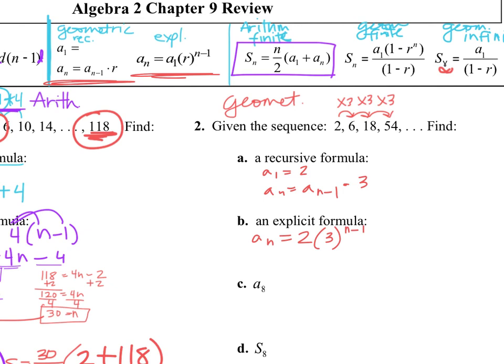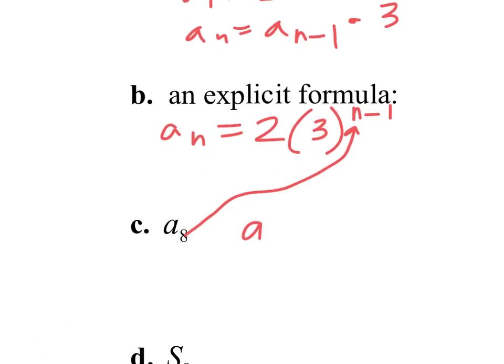So that would be your explicit formula. So if we want the 8th term, I would plug in an 8 right here. So a sub 8 equals 2 times 3 to the 8 minus 1.